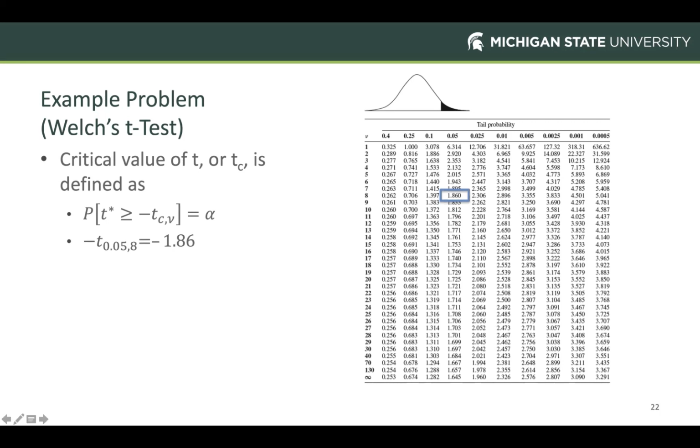Okay, and so likewise, if we look at the top 5% of that distribution, that critical value would be 1.86. In this case, we're concerned only with the first of those two values. And so negative 2.93 is less than negative 1.86. And as a consequence of that, we can then reject our null hypothesis, okay?